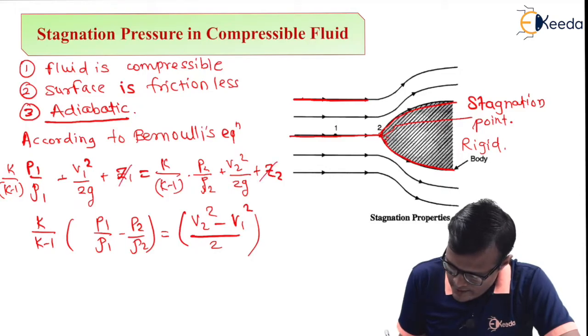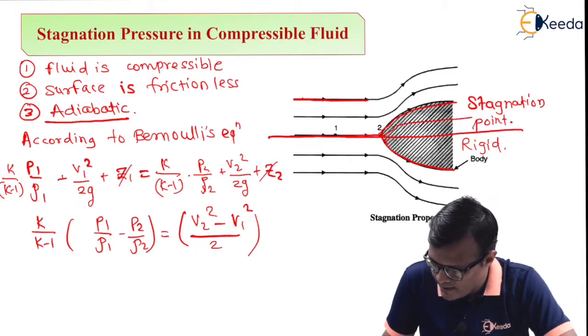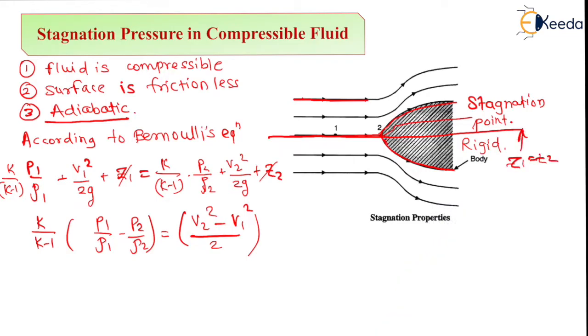These z1 and z2 get cancelled because we are considering z1 equal to z2 from the known datum line. So we have the equation in simplified form like this.